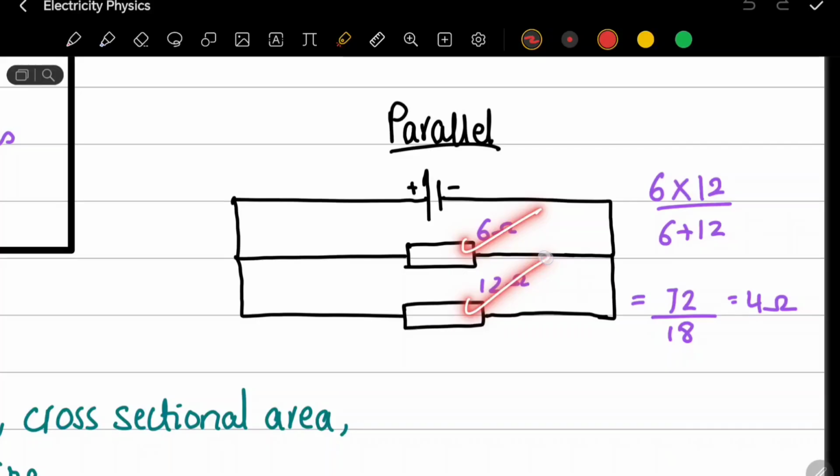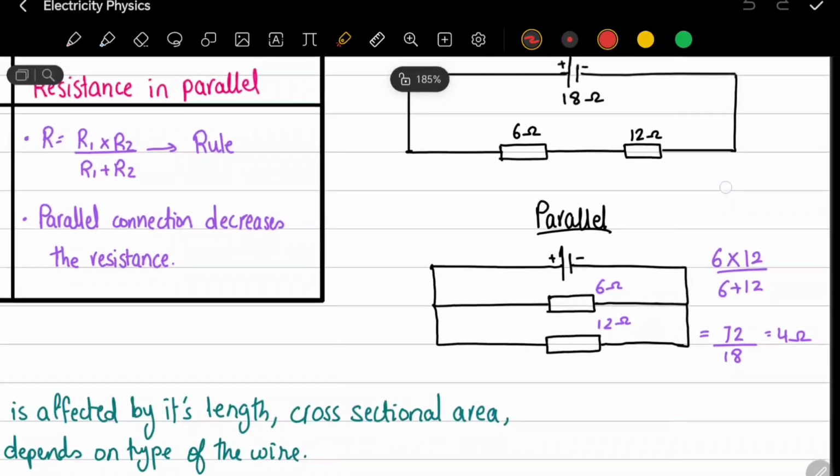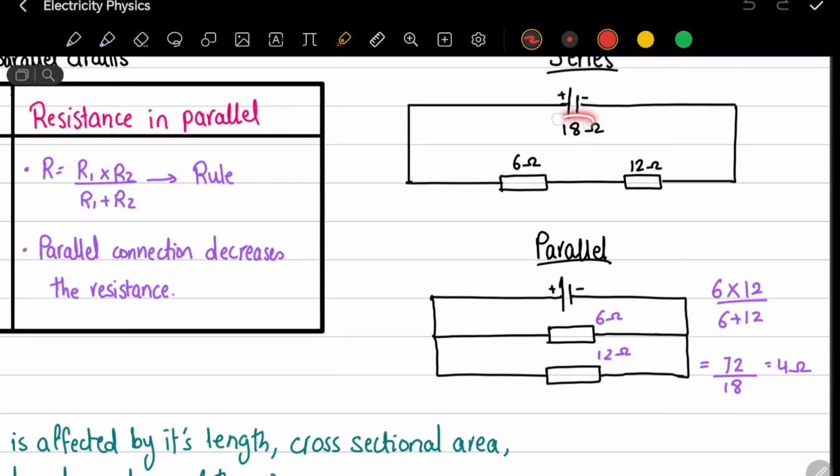If we do the calculation of R1 times R2 divided by R1 plus R2, which is 6 times 12 divided by 6 plus 12, I'm going to receive 4 ohm. And you realize that the total resistance in the series circuit is 18 ohm, but in the parallel circuit is 4 ohm. And this is evidence to prove that in a parallel circuit the resistance decreases, but in a series circuit the resistance increases.